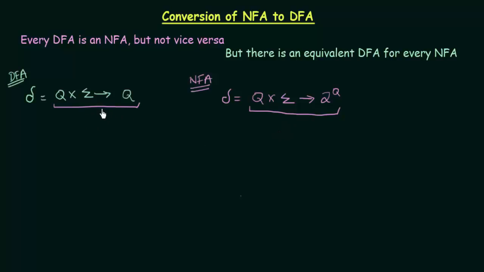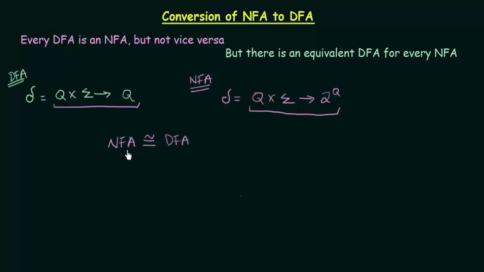So we can look at these two equations and say that every DFA is an NFA, but every NFA is not a DFA. Alright, but there is an equivalent DFA for every NFA, and there is a way we can convert every NFA to a DFA. That means we can make them equivalent.